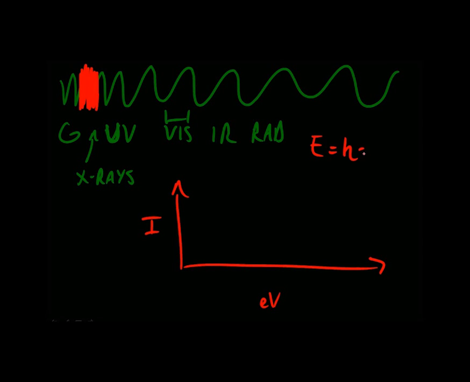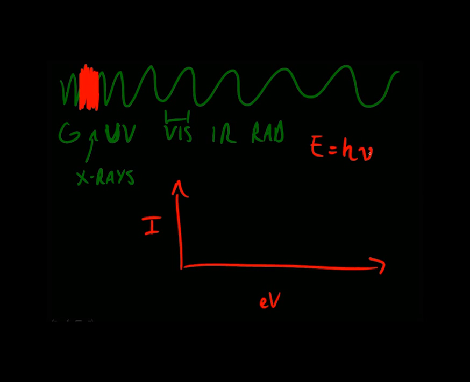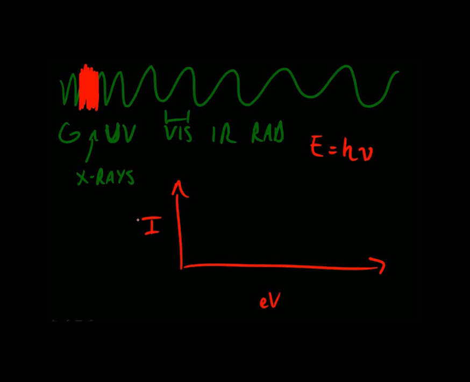We know the equation: energy is equal to Planck's constant times frequency. So the energies of these photons, these X-rays, are proportional to their frequencies. In other words, their specific frequencies give us information about their specific energies. And the intensity is how many X-rays we are getting at those specific energies.